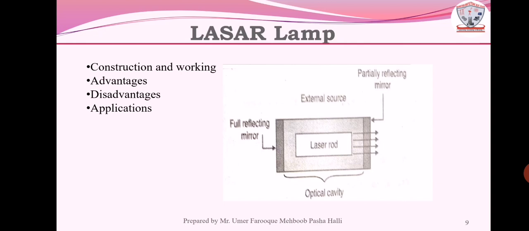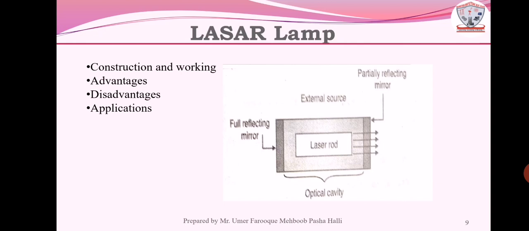The external source is in the form of flashing light. When the light flashes on the laser rod, emission takes place, therefore the photons travel back and forth due to the mirrors. Therefore, amplification takes place. When the energy released is greater than a certain limit, laser light comes out in the form of a sharp beam.